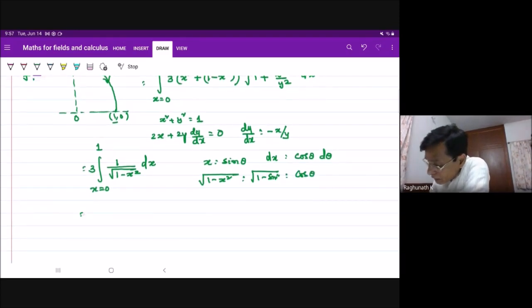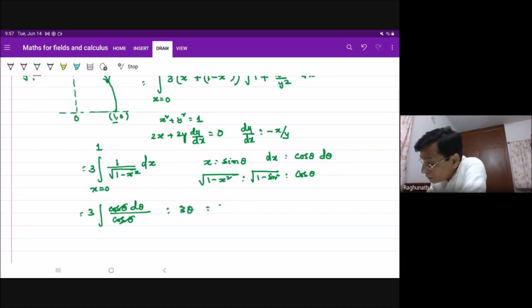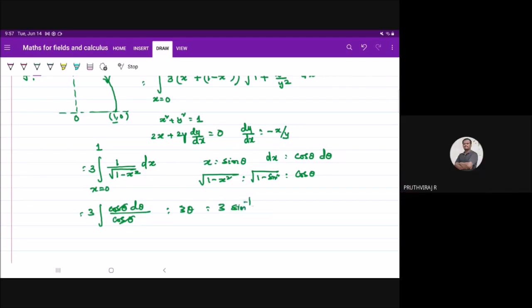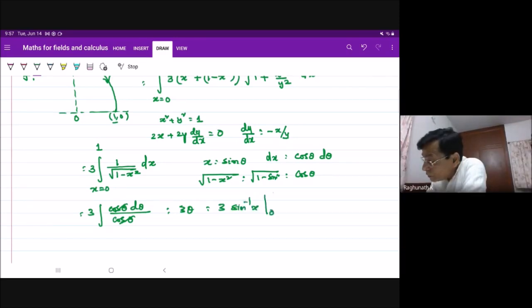So it is 3 into integral of cos theta d theta by root of 1 minus sin squared theta, is cos theta, because of which it is 3 into d theta. What is d theta? 3 theta is equal to 3 sin inverse of x. Limits are from 0 to 1.